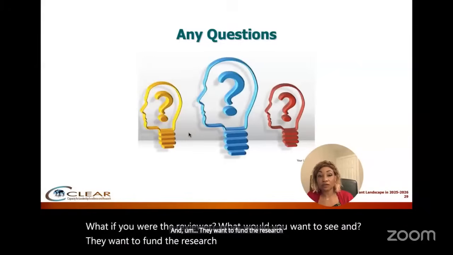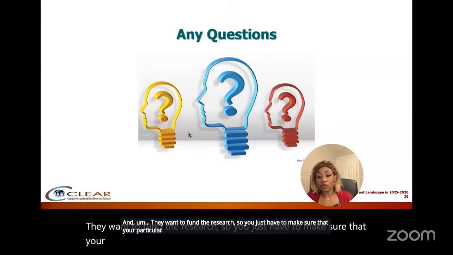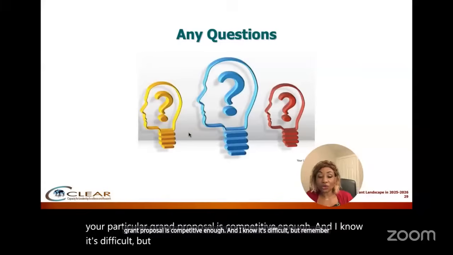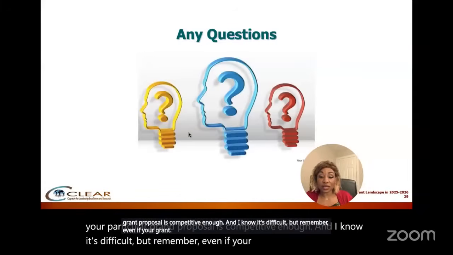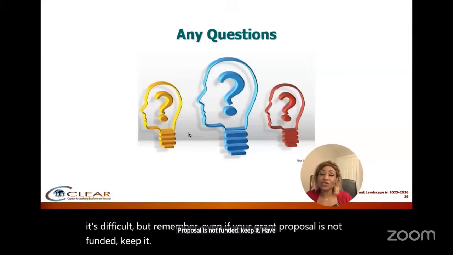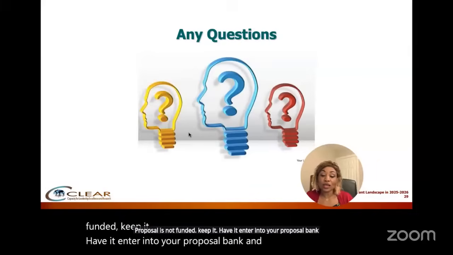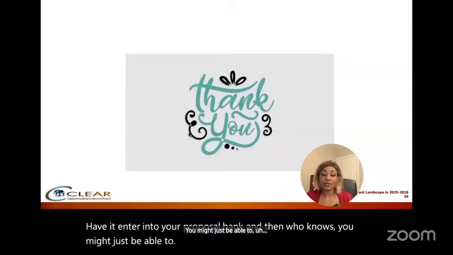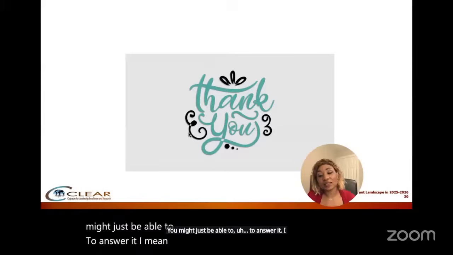So you just have to make sure that your particular grant proposal is competitive enough. And I know it's difficult, but remember, even if your grant proposal is not funded, keep it. Have it enter into your proposal bank, and then who knows, you might be able to use it at a later time.